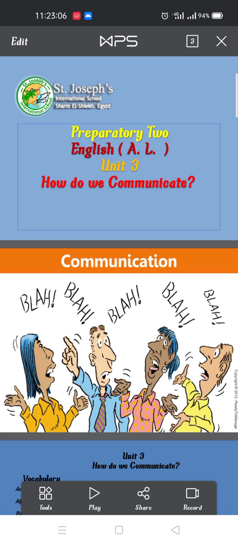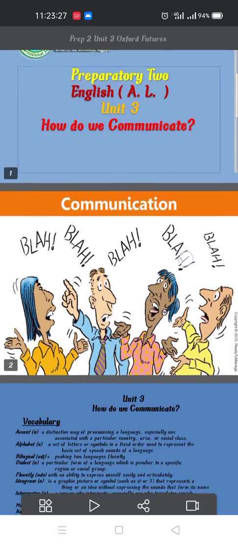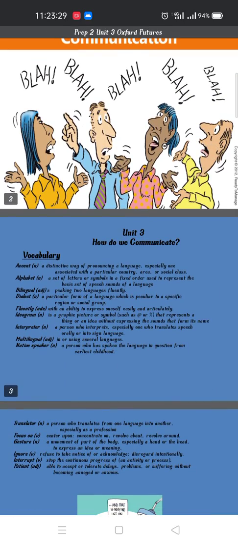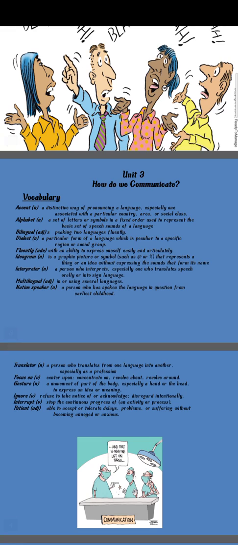So when we talk about communication, we have two levels of communication: verbal communication using words, speaking, writing, and non-verbal communication, which is using body language, signals, sign language, etc. Okay? All right, now let's see the words related to Unit 3.